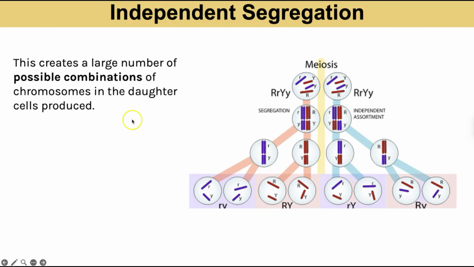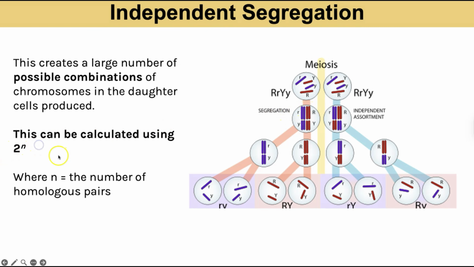And there is actually a maths question linked to this quite often, using this formula here, 2 to the power of n, because you can use this to work out how many possible different ways there are for these homologous pairs to line up at the equator, and therefore how many different gametes could be made. It's 2 to the power of n: 2 because we have pairs of chromosomes, n is for the number of homologous pairs you have.